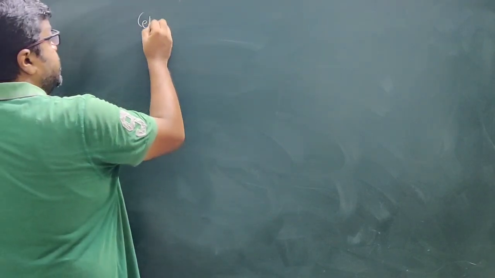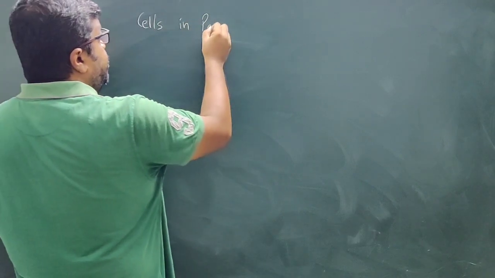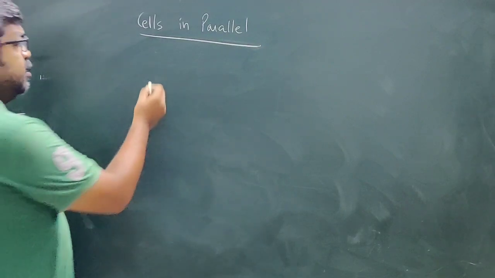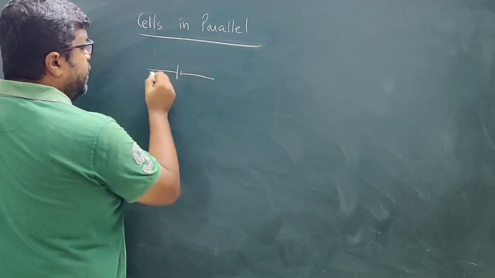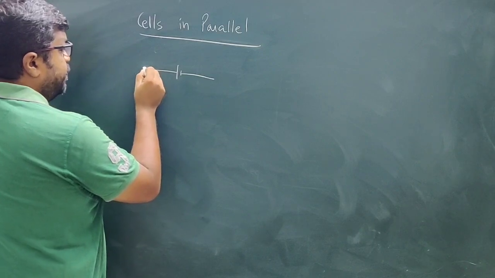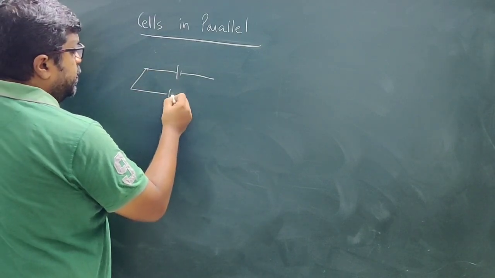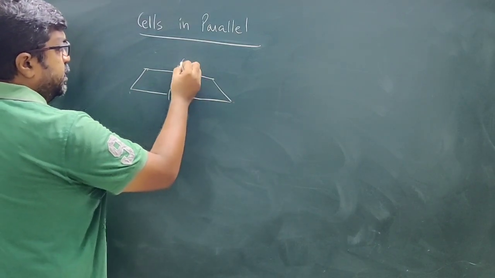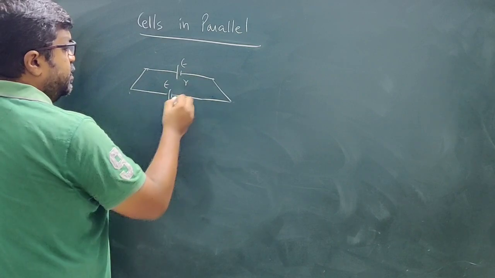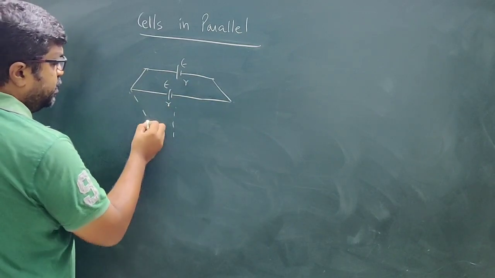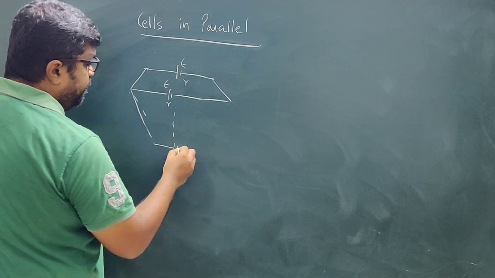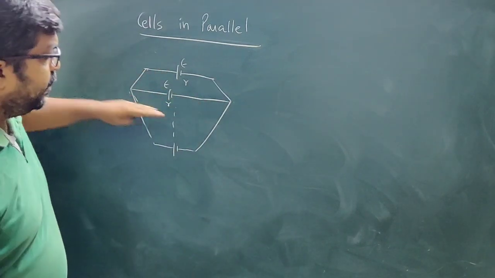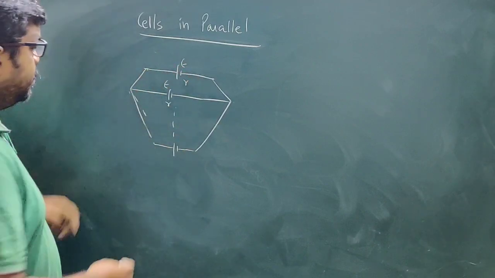Cells in parallel. So again we have identical cells, all are identical cells. Each has EMF E, internal resistance R. We have n rows, each row with one cell.